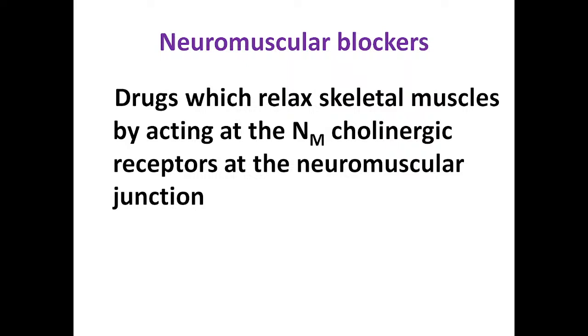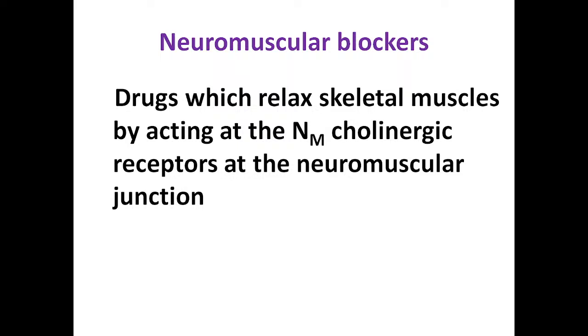Coming to the neuromuscular blockers, they are drugs that relax the skeletal muscle. So we are all talking about skeletal muscle relaxants. None of these two classes are relaxing the smooth muscles. Neuromuscular blockers are drugs which relax the skeletal muscles by acting at which receptor at the neuromuscular junction?